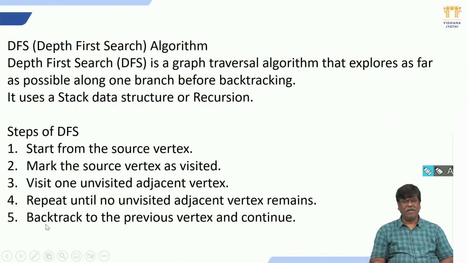Finally, backtrack to the previous vertex if you are not able to find the complete solution from any one particular point. Every time you go back one step and identify whether there is any solution for the problem. So these are the steps we can follow for the depth first search algorithm. So this is about the DFS algorithm of your graph.